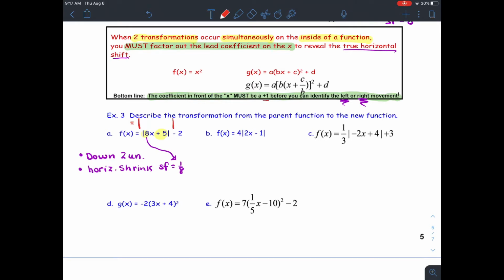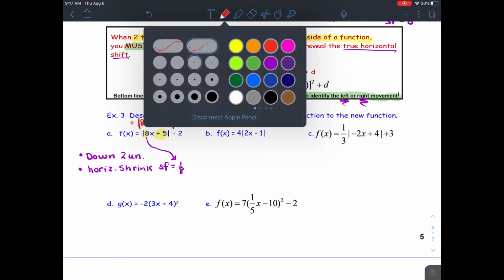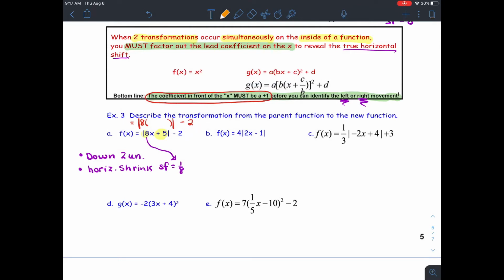So in other words, you're going to take that 8 that's in front of the x. We need the coefficient in front of the x to be a positive 1. Now, when I say to factor it out, the 8 is not going to jump outside of the absolute value bars. It is still inside the absolute value bars.